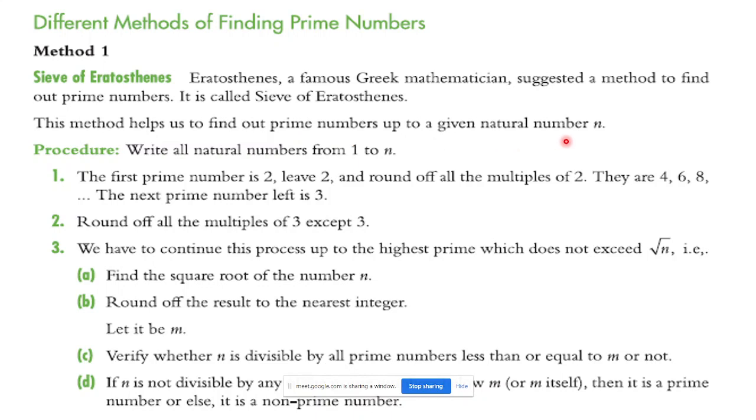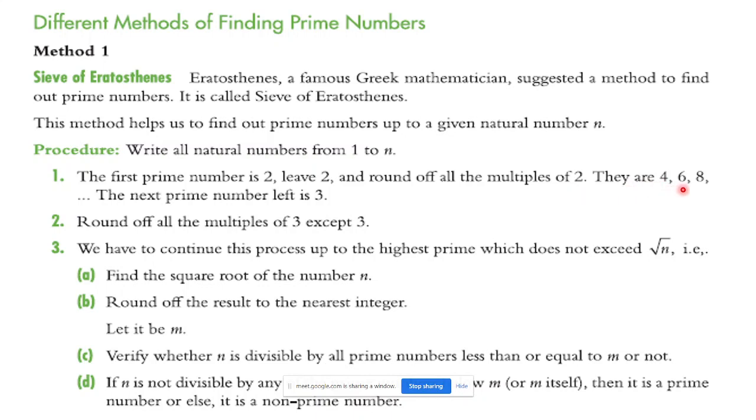What is that method? Let us see that procedure. Write all the natural numbers from 1 to n. Whatever the number you required, up to that number you can write the natural numbers. Second, the first prime number is 2. Leave 2 and round off all the multiples of 2.